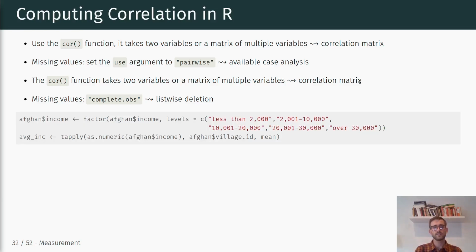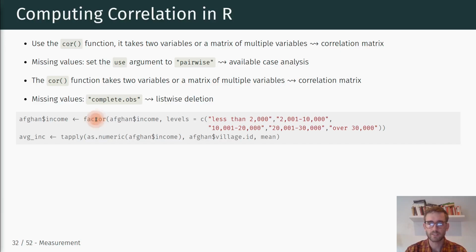So how do we do this in the context of our survey data? In our case here, I want to look at the average income across villages. So the first thing I'm doing here is, if you look at the original data set, the income information is actually a factor variable, or a character, a string variable.